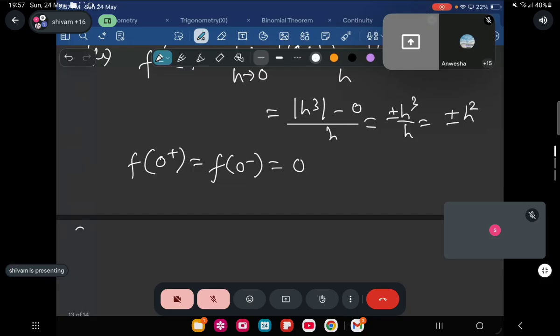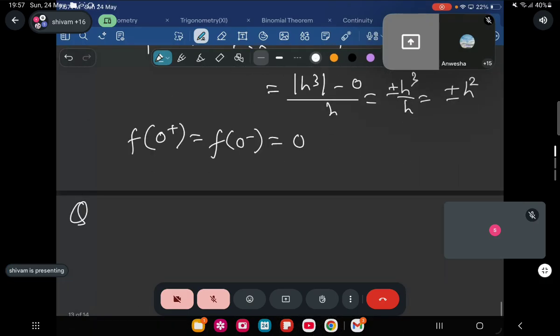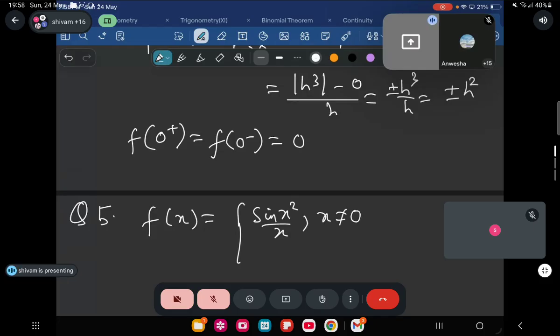Question number 5. f of x equal to sin x square by x, x is not equal to 0, and equal to 0 when x is equal to 0.